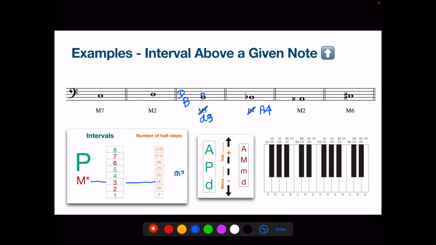And what about a diminished third? Well, from a major third, you take away 1 half step, and another half step, we're going to get a diminished third. So this is going to be 2 half steps, right? Because we have a minor third in between that would have 3 half steps. Is that clear? This is very important for you to understand, okay?